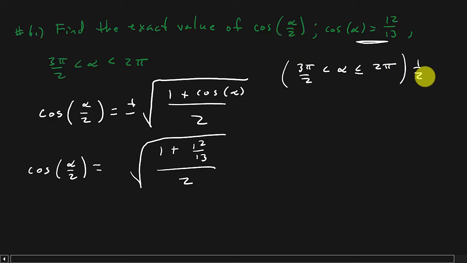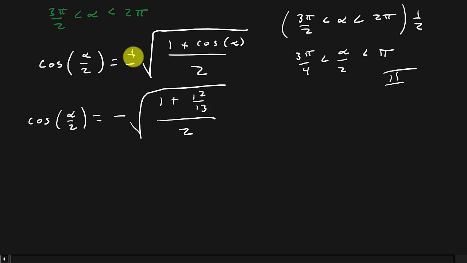So if we multiply everything by half, that's 3 pi over 4 less than alpha over 2 less than, it's just less than, pi. So you can see here alpha over 2 is in the second quadrant, and cosine is negative in the second. So we use the negative, not the plus.